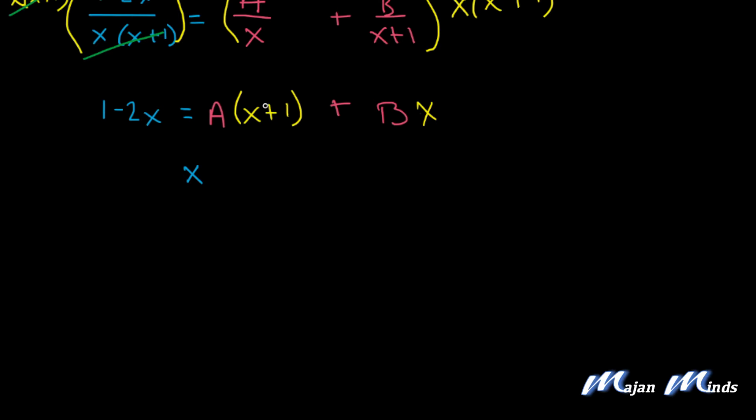Let me ask that question again. What will make this 0? x plus 1, something plus 1 that will equal 0, that's going to be a negative 1. Or, alternatively, if you wanted to ask the question differently, what would make this 0? B times, well, over here, if I let x equal 0. So this is where the substitution comes in.